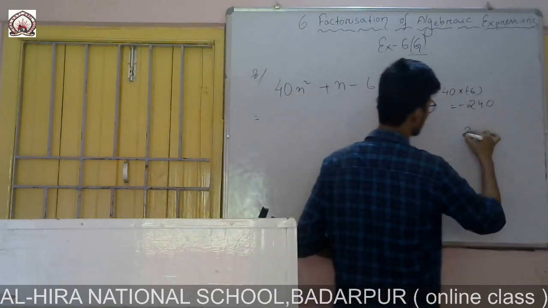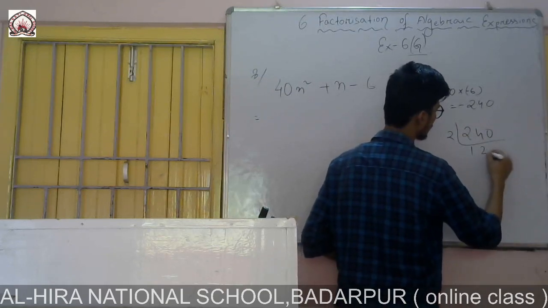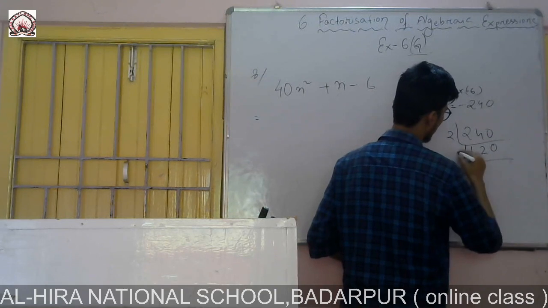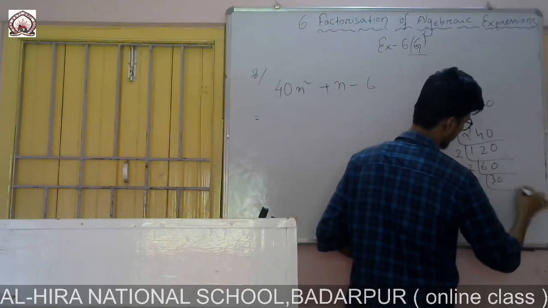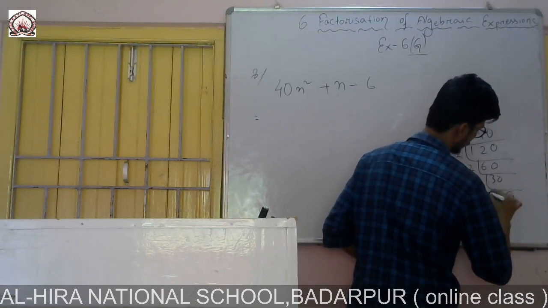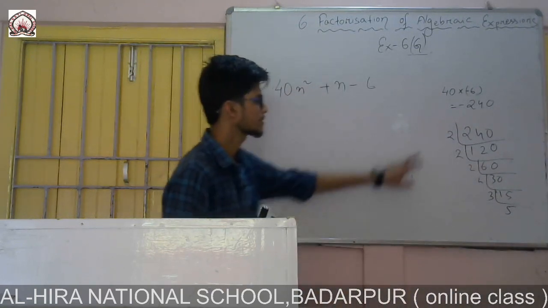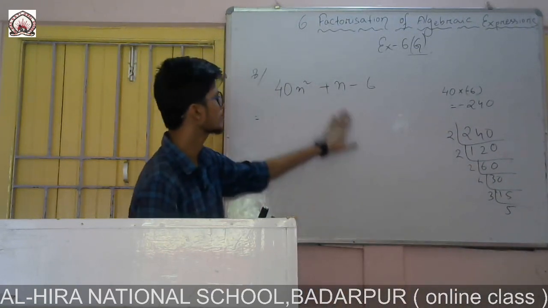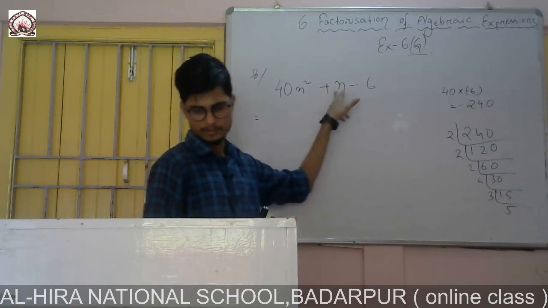So let me find out the factors of 240. 2 1s are 2, 2 2s are 4, and 0. Then again 2 6s are 12, and 0. Then 2 30, then 2 15. Then again 3 5s. So I have to arrange this in such a way that their sum becomes equal to 1, because there is only one n.